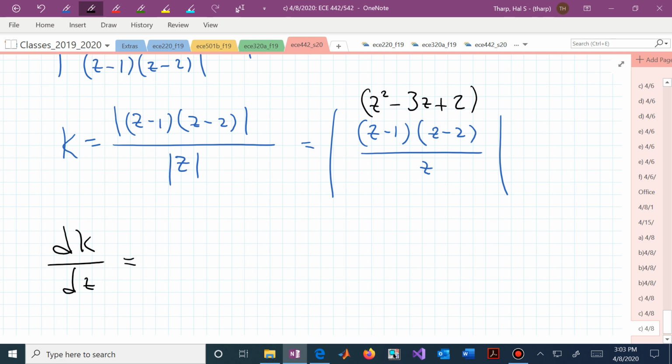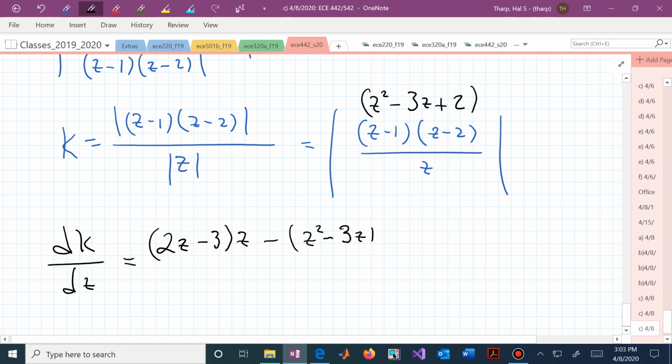We now take the derivative of the numerator, which is 2z minus 3, times the denominator, minus the numerator, that's z squared minus 3z plus 2, times the derivative of the denominator with respect to z. dz is just 1.